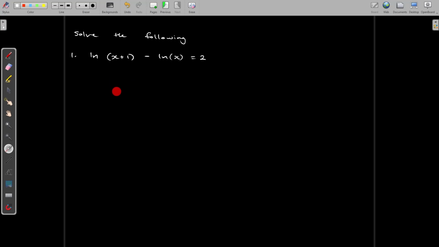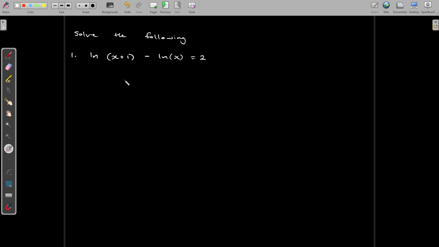So we'd have to put e as the base, being raised to ln (x plus 1) over x, right? So we can cancel out the ln. And then over here, since we take e as the base, we have to say e squared on this side. And then we just evaluate and get our answer.